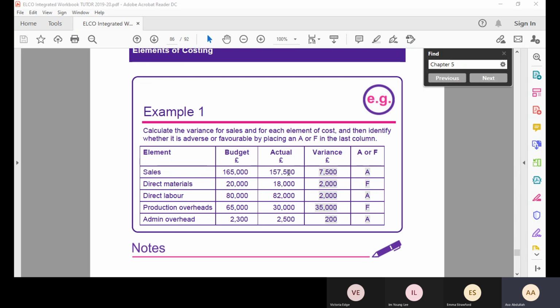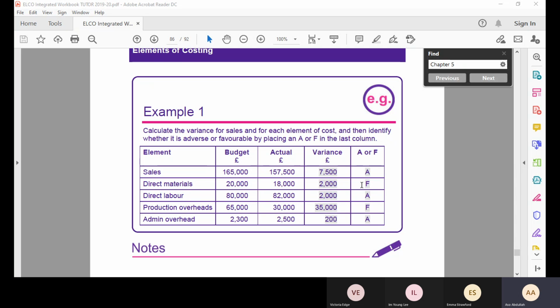Okay, so you can see they did not meet the budget. They did not meet their expectations. They were expecting 165, but actual is 157. So obviously the difference between these two figures is 7,500.